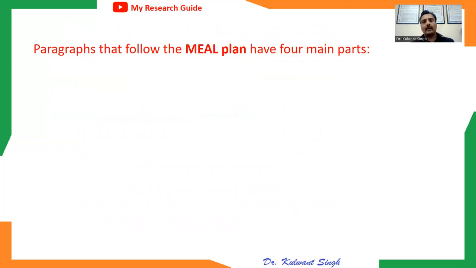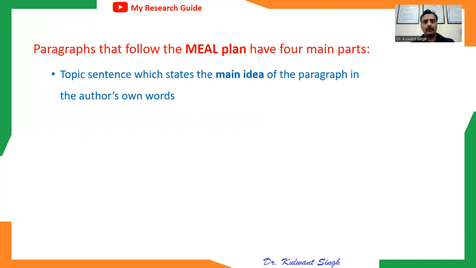When we are writing the literature review paragraph, we should follow a plan, that is the meal plan. There are four parts we have to focus on. First is the topic sentence, which states the main idea of the paragraph in the author's own voice.